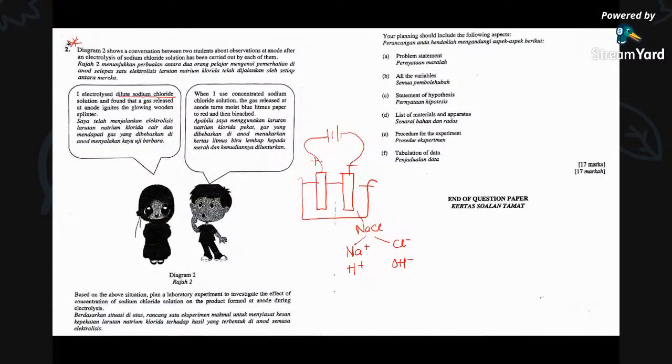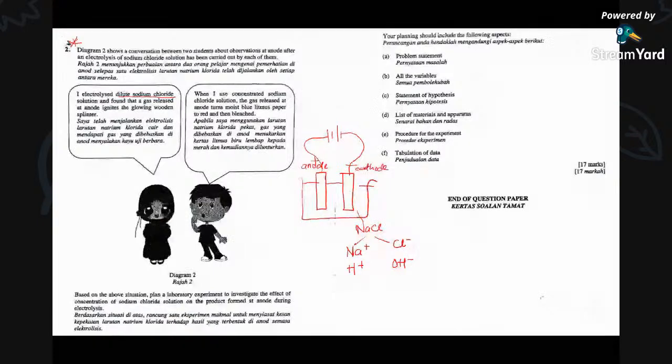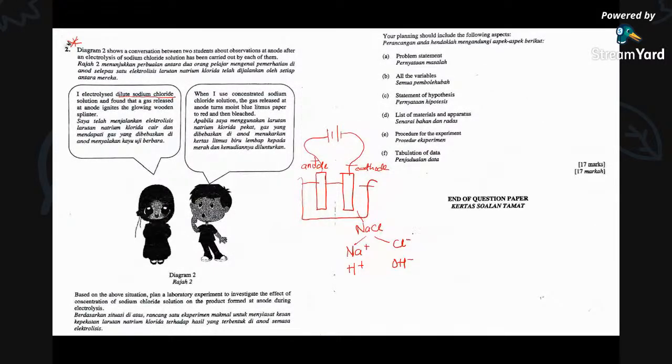And this one, gain electrons, supposed to be the cathode. Okay, so which ions will move to the positive electrode if you use dilute solution? Cl minus and OH minus. OH minus ion will be selectively discharged. For discharge, you refer to ECS. Okay, so this is student number 1.